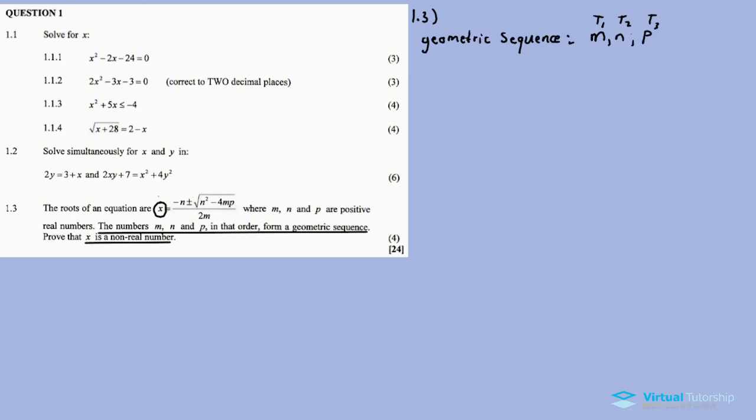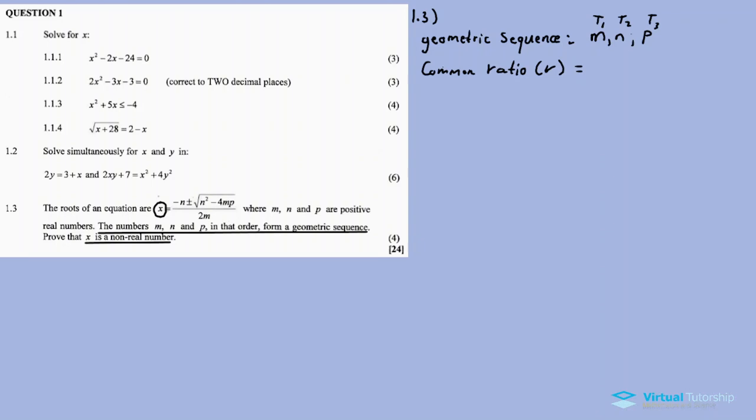So for 1.3 we have a geometric sequence, m, n, and p in that order. It means T1 is m, T2 is n, and T3 is p. So let's work with that sequence and see where we end up. There's something special in such a sequence. It's called a common ratio. That common ratio is very useful in our calculation.